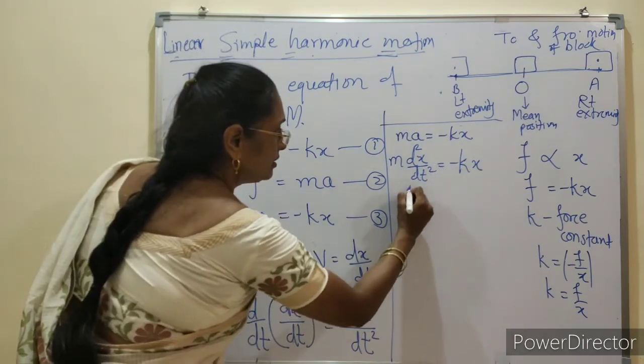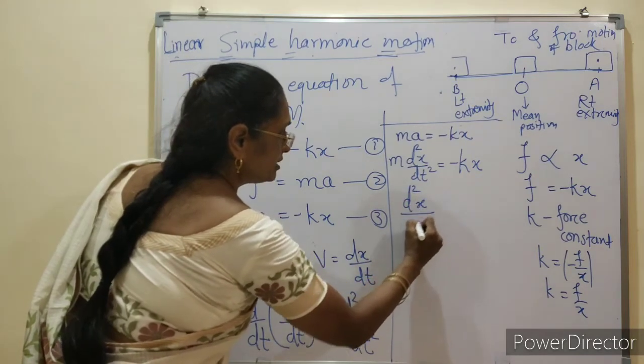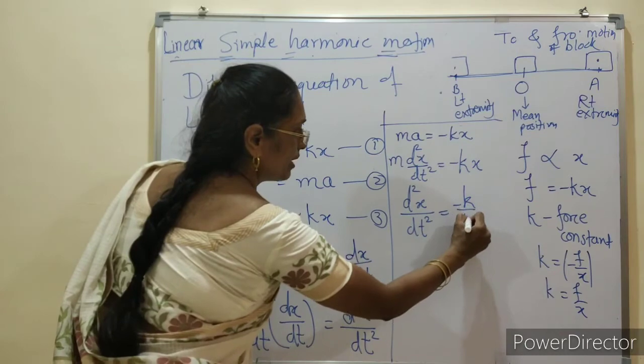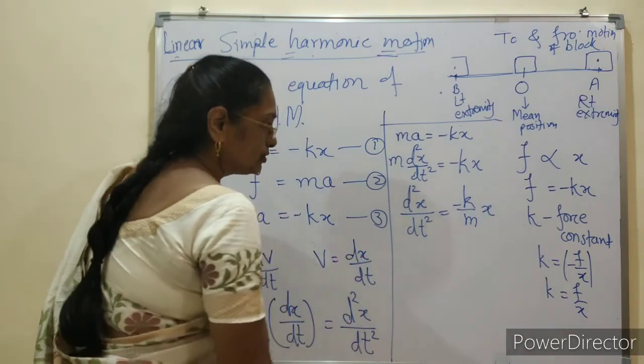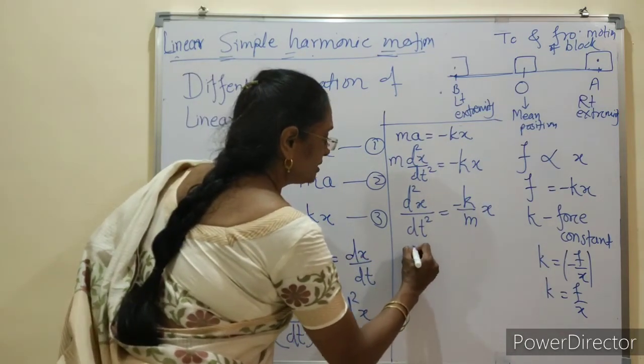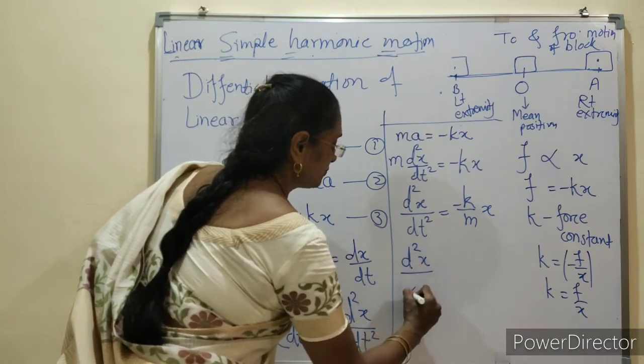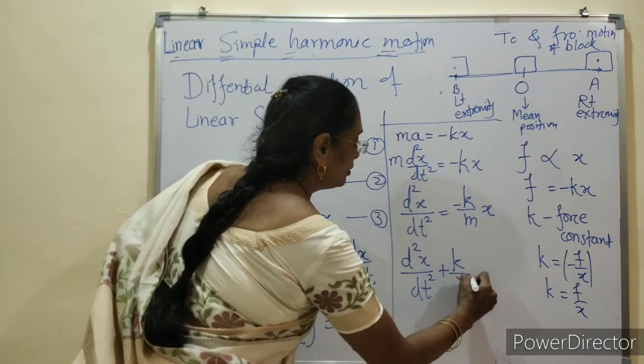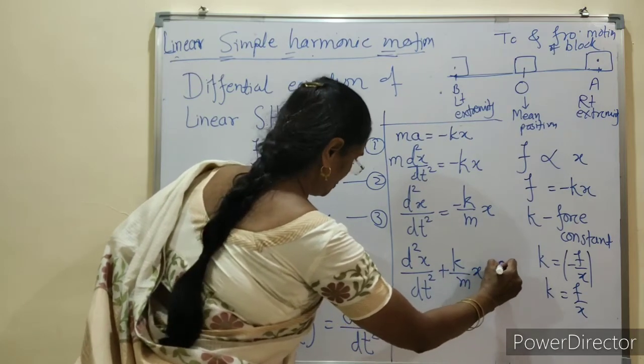We can write d square x by dt square is equal to minus k upon m into x. Also we can write it as d square x by dt square plus k upon m into x is equal to 0.